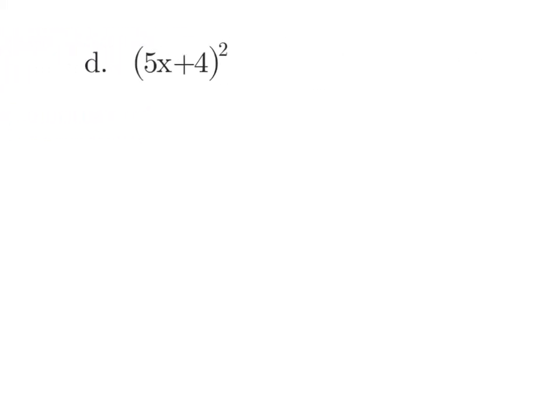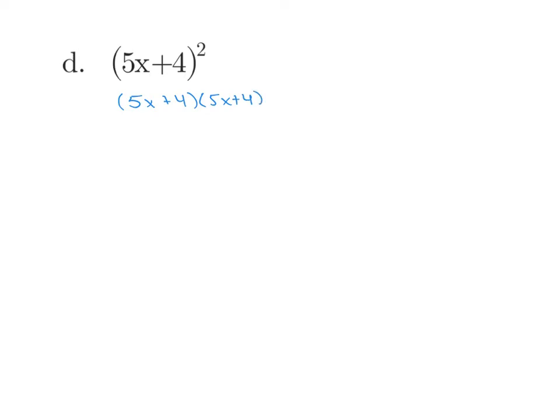Last one, just to emphasize this idea of squaring a binomial. Again, we're going to go ahead and write this as 5x plus 4 times 5x plus 4. When we FOIL, we get 25x squared for our firsts, plus 20x for our outsides. Insides, we get plus 20x.